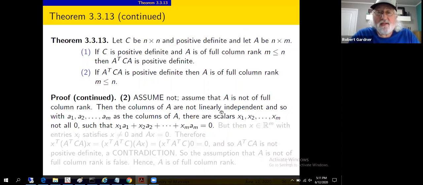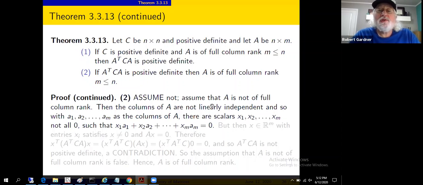So there's a dependence relation on the columns. Let those columns be denoted, as we've often done, by a1 through a sub m. So let's take scalars x1 through x sub m, not all of which are 0, such that the linear combination x1a1 plus x2a2 up through x sub m a sub m equals a 0 vector.